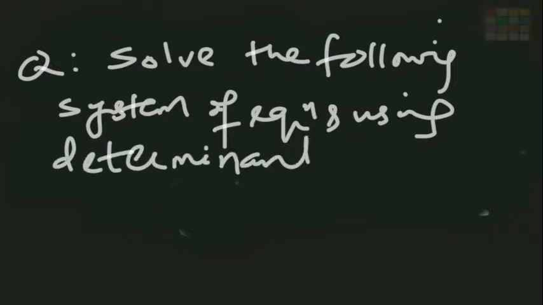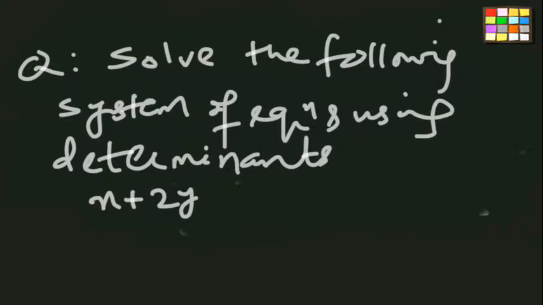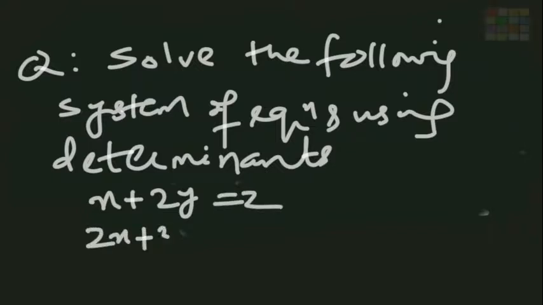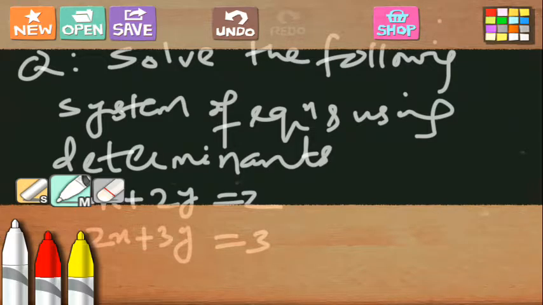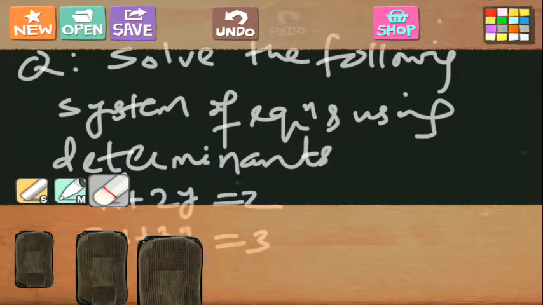This will be the language of the question. My equations are x plus 2y equal to 2, and 2x plus 3y equal to 3, right? So this is our question. Then step by step we will proceed to solve it.